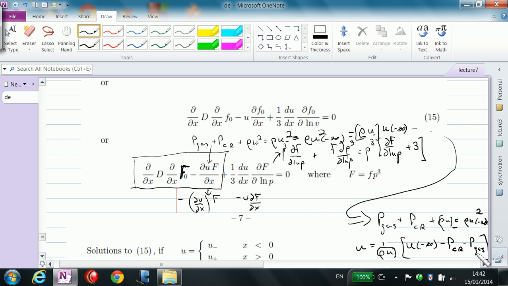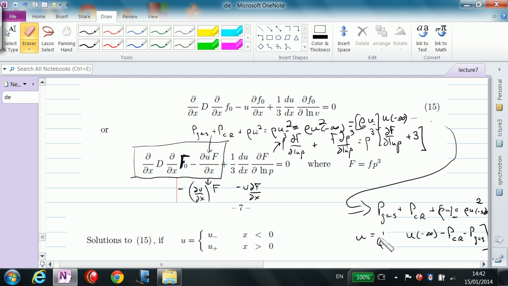Here, in here, P_gas, P_CR. Let's just write it this way: rho u, and we'll write the rho u here, and then we'll just divide like that. How's that?